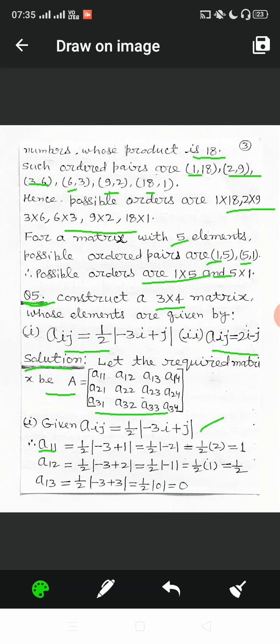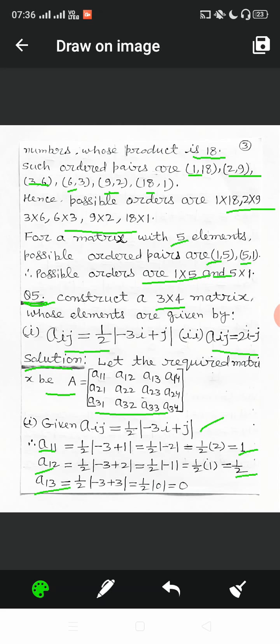So, minus 3 into 1, you will get minus 3 plus 1, and finally we get 1. Similarly, a12 equal to 1 by 2.